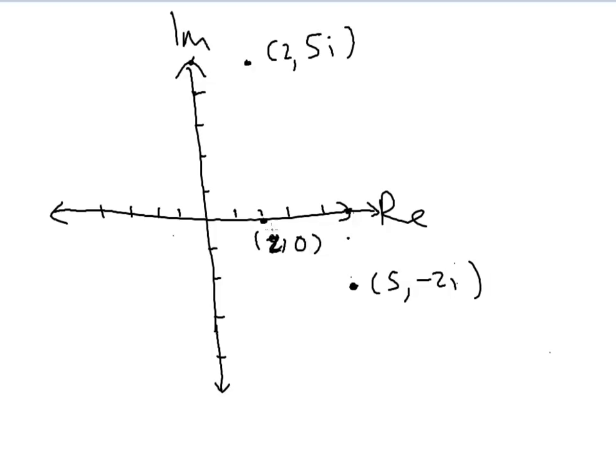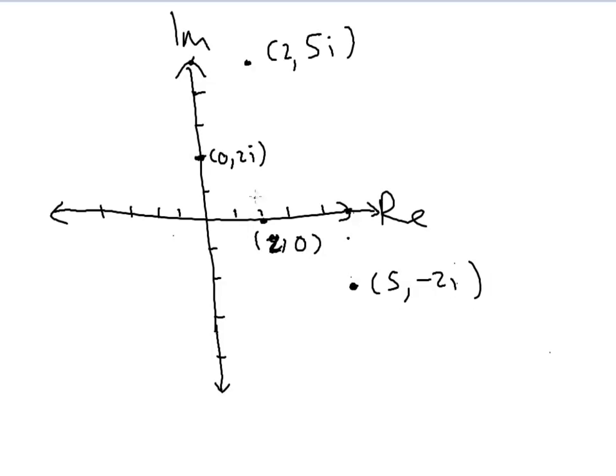So it's only a real number. If I multiply that by i, I'll end up with 0 comma 2i, because there's no imaginary component there, so it's just 0. When I multiply 0 by i, I end up with 0.